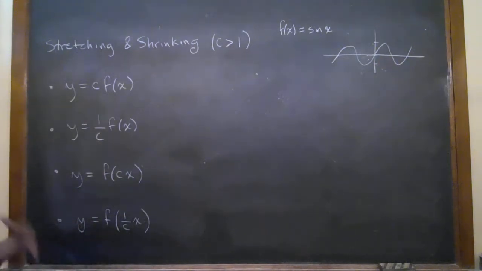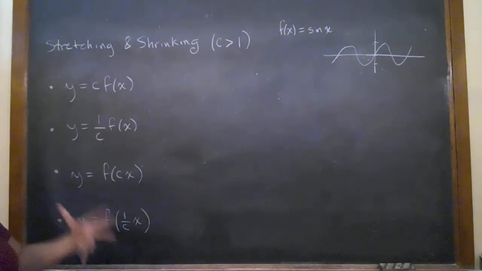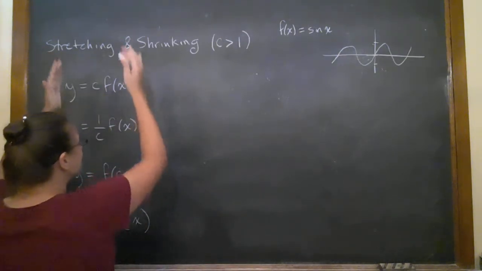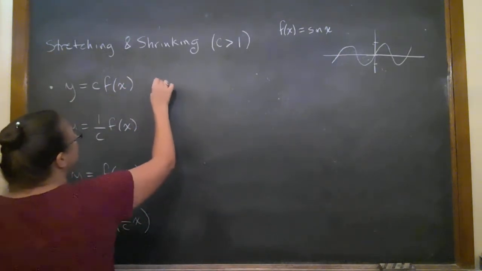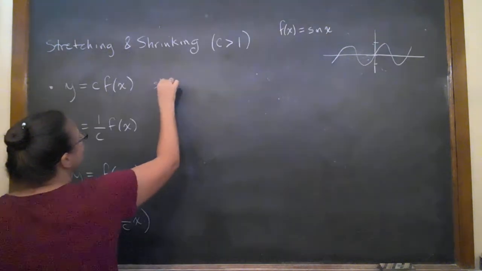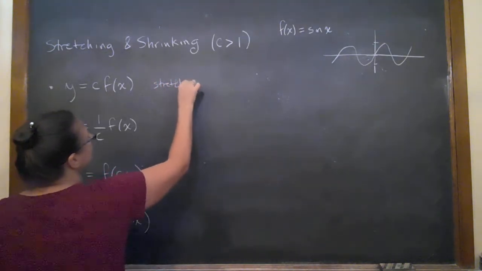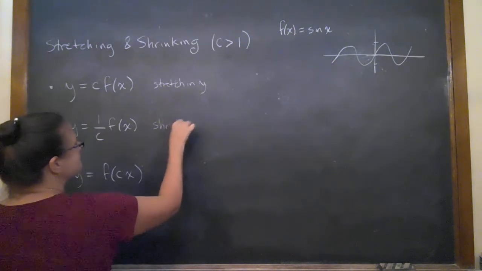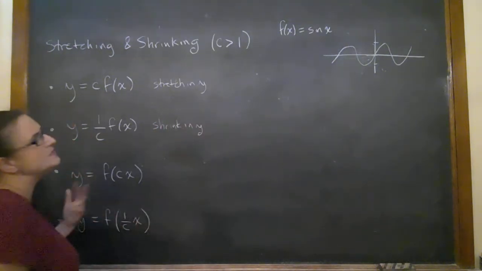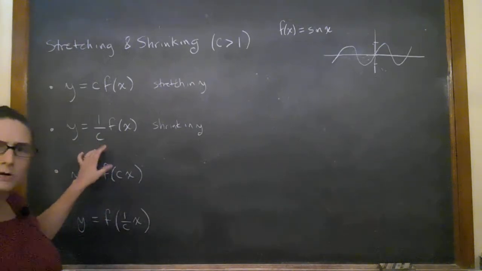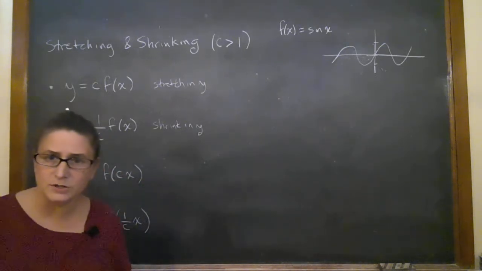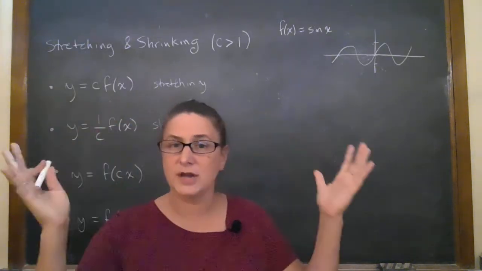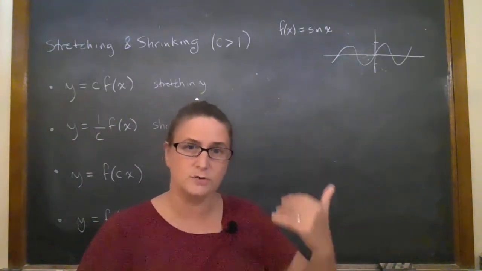So what happens if I multiply? This stretches in the y direction, and this is going to shrink it in y. With sine and cosine, we call this amplitude, but with any other function, you can also multiply by any constant, and you'll stretch it or shrink it in some way.